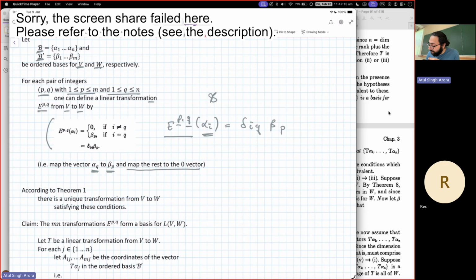So what we have shown is that this linear combination, when you apply it on any vector alpha J, has exactly the same action as applying T on the vector alpha J. Is that okay? I'll give you a minute to make sure everything is clear. You can ask me if something's not clear, because I can repeat if you missed something. It's not a problem.